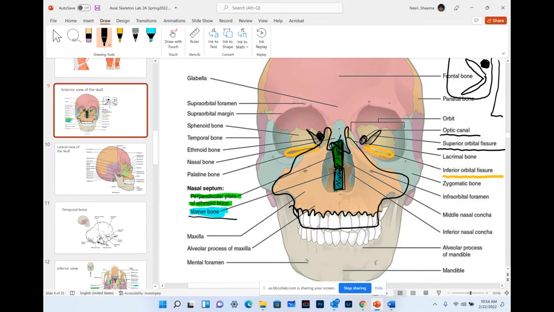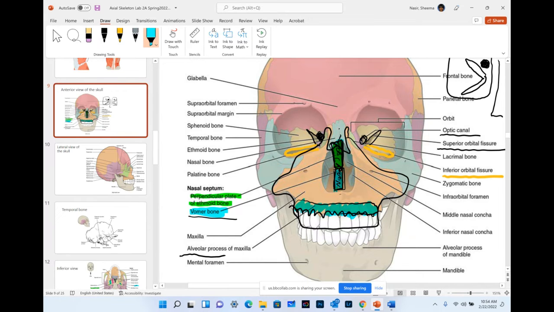This is called the alveolar process. So this top area with the wiggly line, this is your alveolar process of the maxilla. Do you understand? This wiggly area of the bone, and you can see the little folds in it. That is your alveolar process of maxilla.